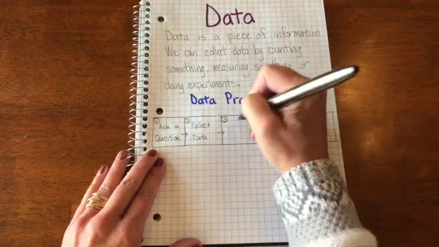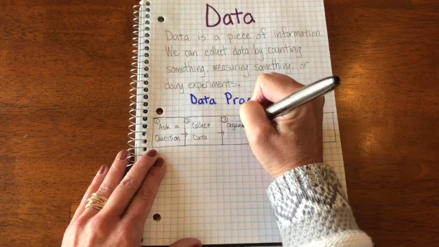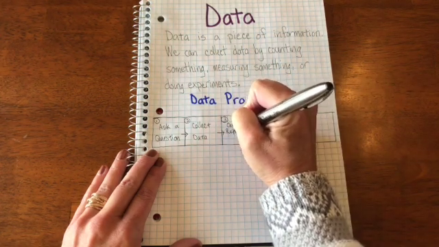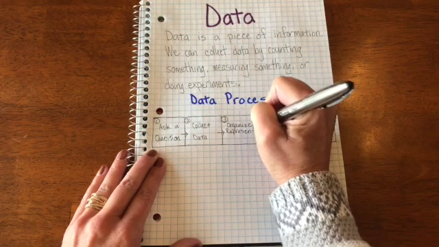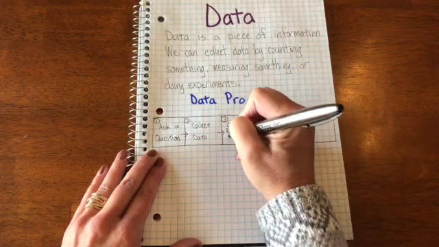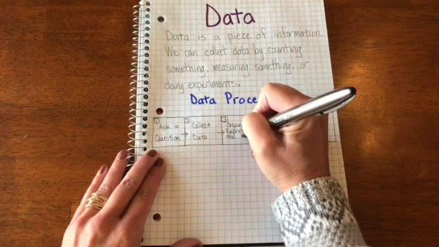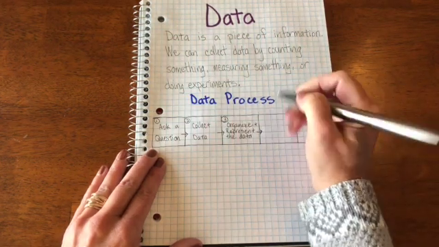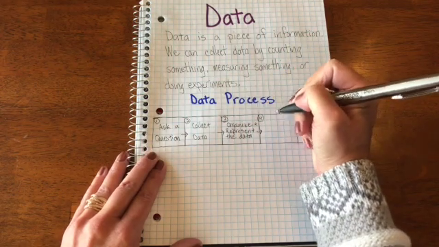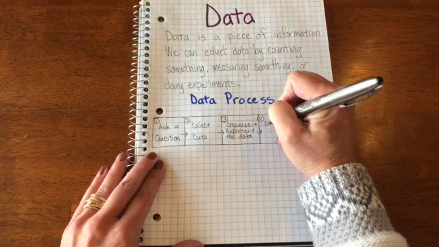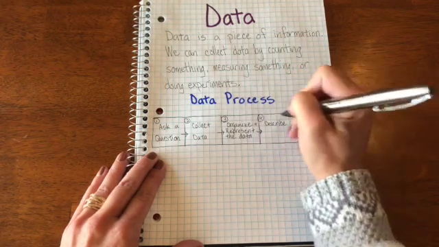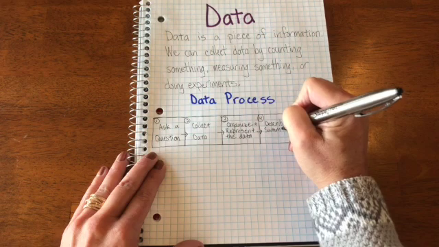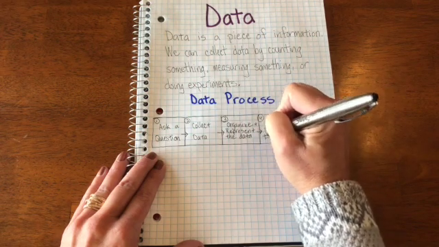And it is to organize and represent the data. Next step, number 4, is to describe and summarize the data.